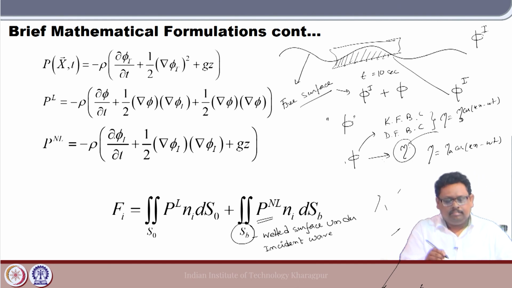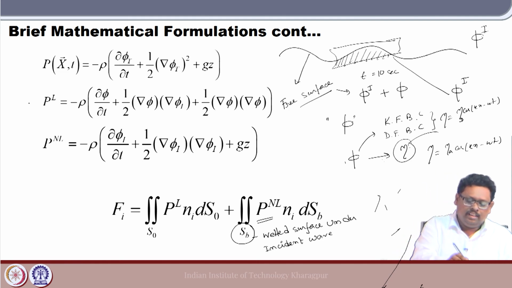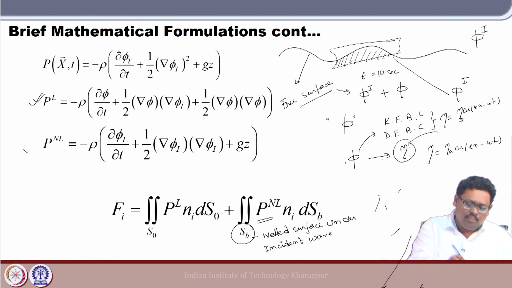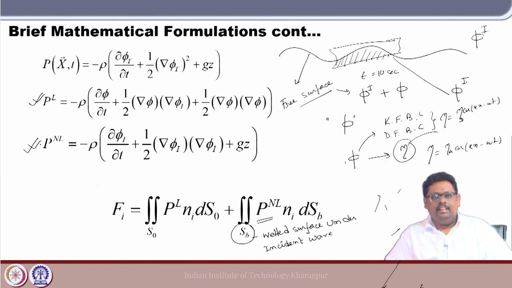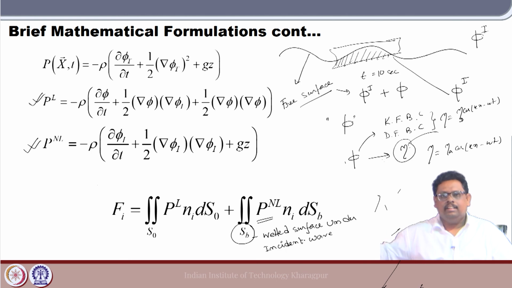Now, if you understand how I can obtain the P L, the linear pressure term, and how I can obtain the PNL, it is basically that. I am finding out the pressure at each point.